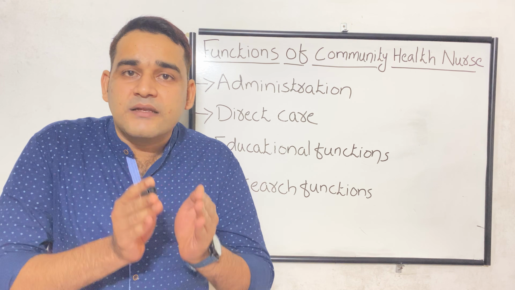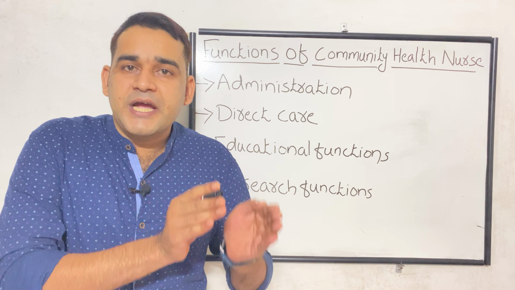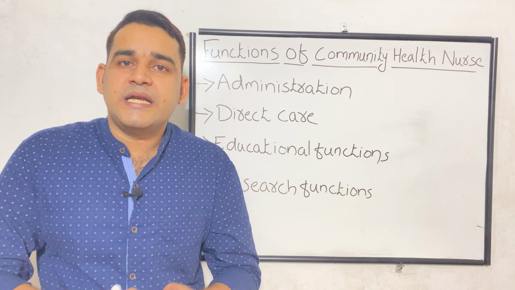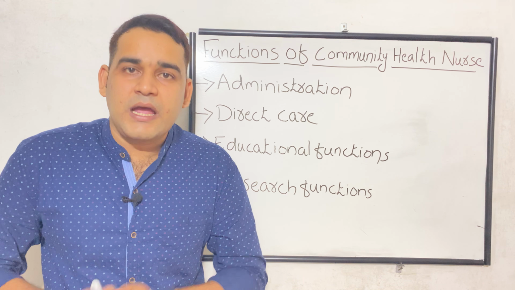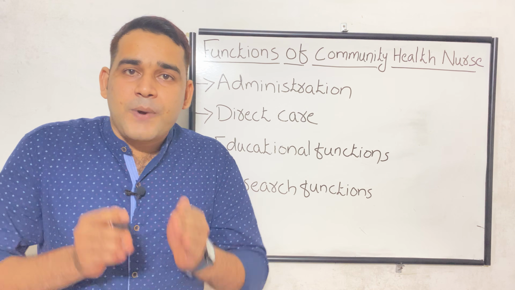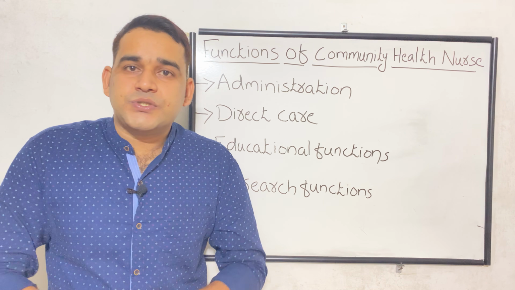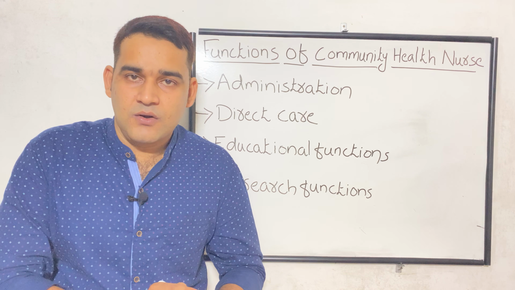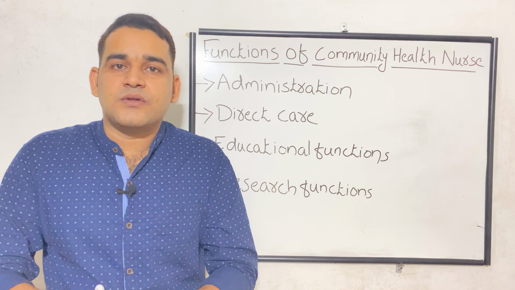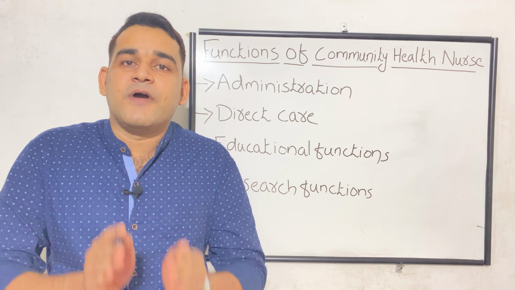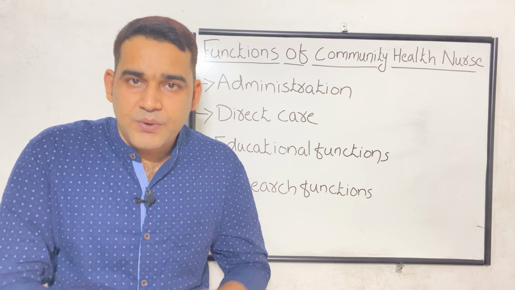So the community health nurse, first of all, should assess the knowledge level of the community members. Afterwards she has to plan for the health education: how to do, when to do and where. All the things related to the health education should be planned after identifying the knowledge of the community.